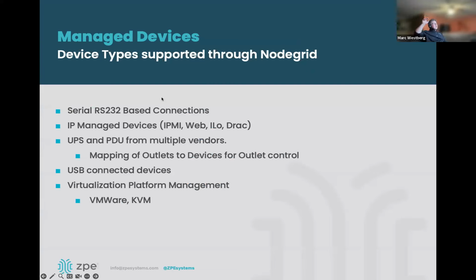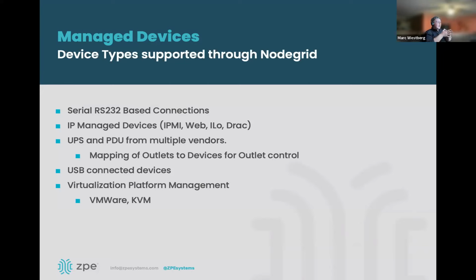So the types of devices that can be managed through Nodegrid are RS-232, so your basic serial console connections, Cisco rollout or Cisco legacy pinout, any of those kind of things. IP managed devices, so IPMI, web, iLO, iDRAC, PDUs, those type of devices. Multiple vendors.